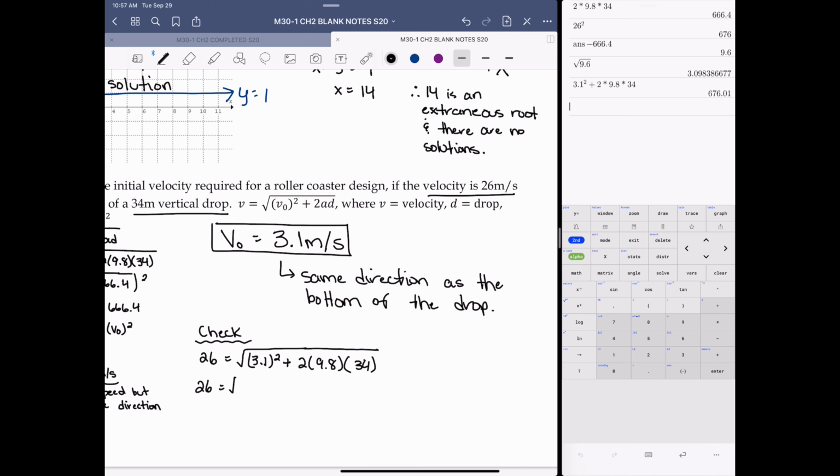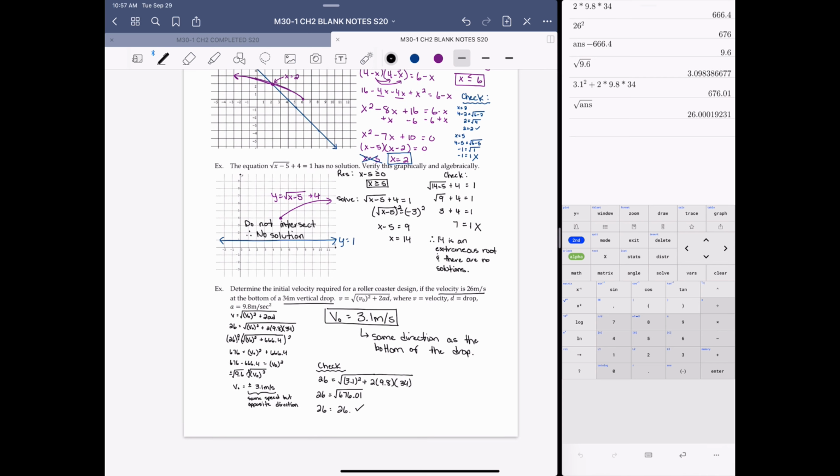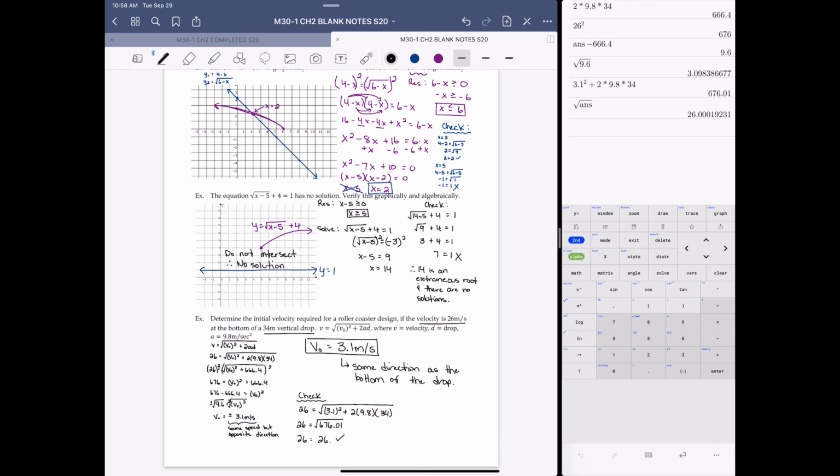We get 676.01. If we take the square root of that, I get 26 equals 26.00001. So yes, that is correct. So our velocity is 3.1 meters per second.